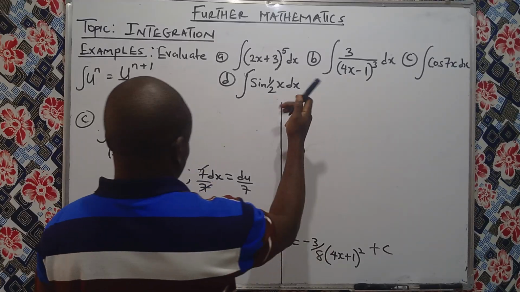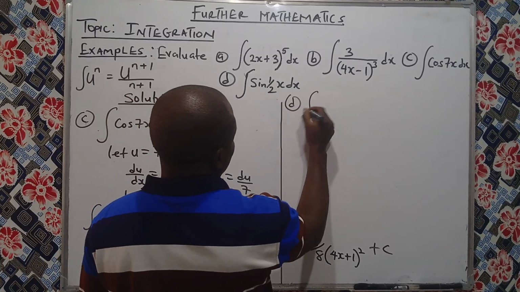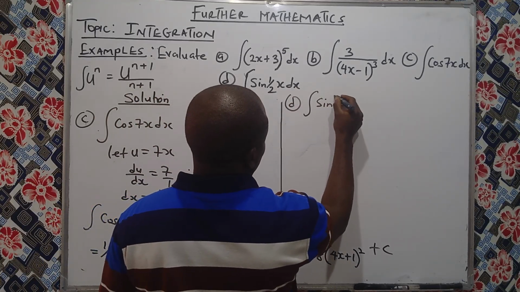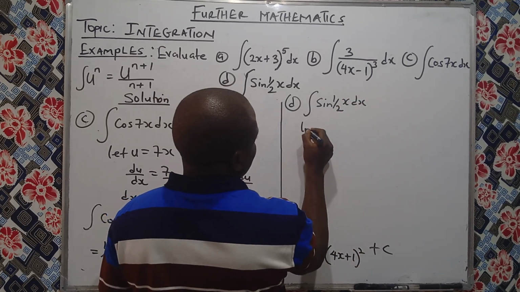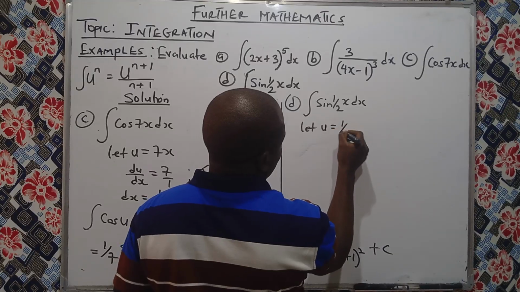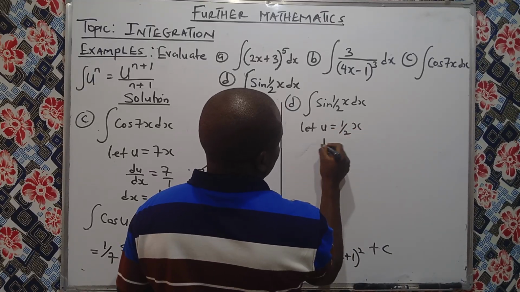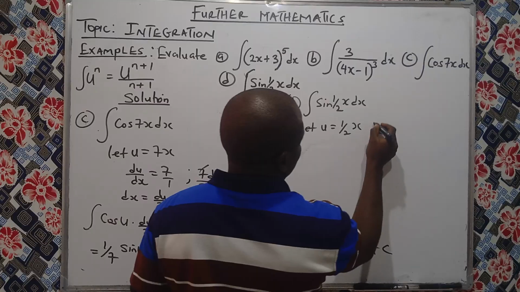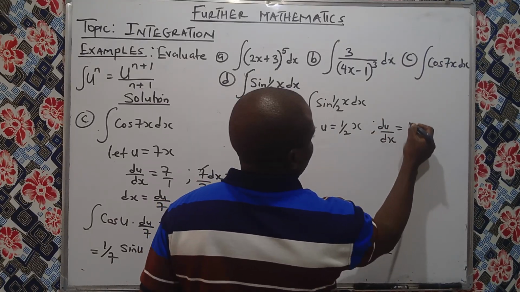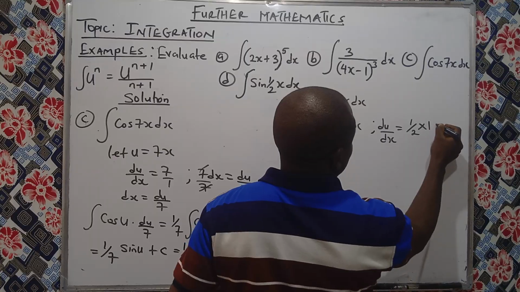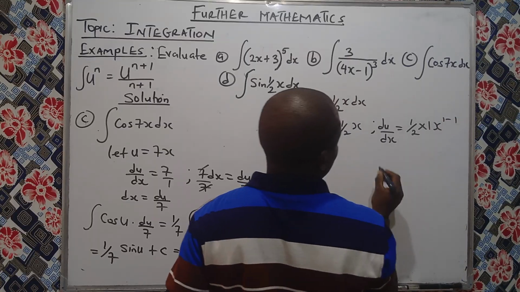Okay, the last one. The integral of sine half x dx. Now let u equal half x. Now du over dx equals half times x raised to power 1 minus 1.